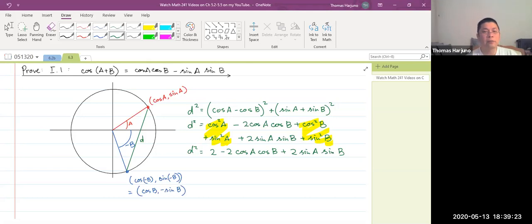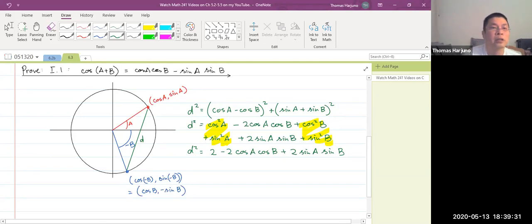Let me leave it like that for now. What I will do next is take this diagram here, this picture here, and I will rotate it.